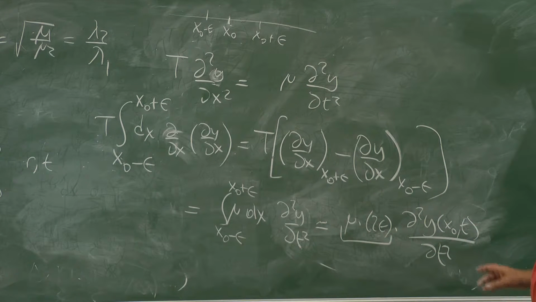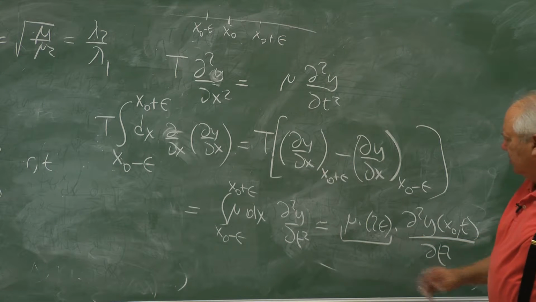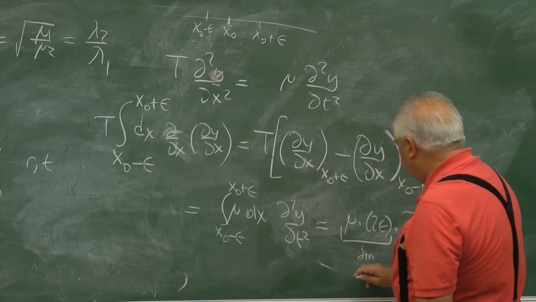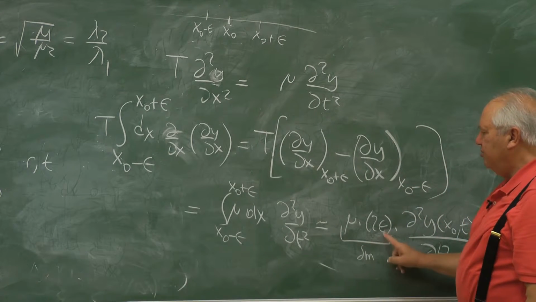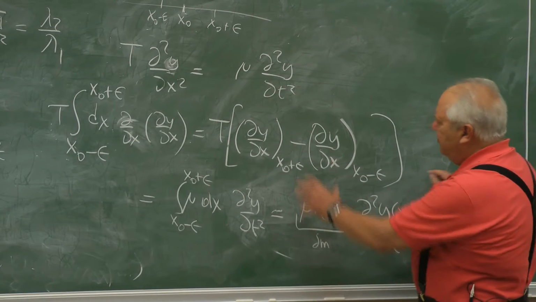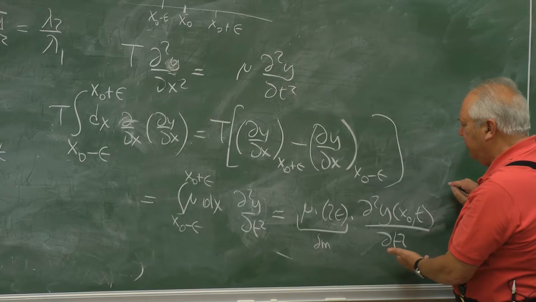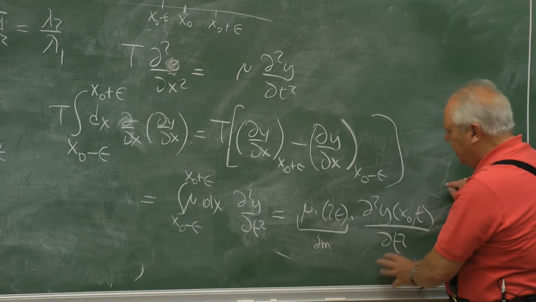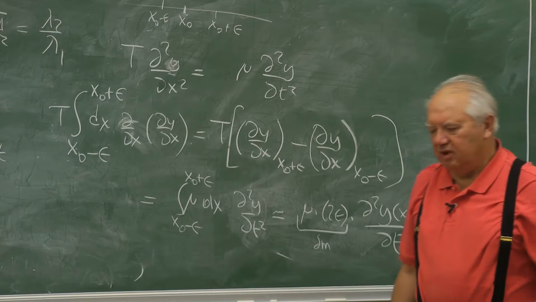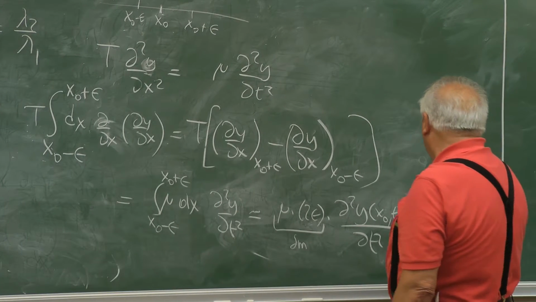However, if I let epsilon go to 0, this part, this is delta m, goes to 0 with epsilon going to 0. So if this difference is finite, the only way to make the right-hand side finite, as this thing goes to 0, is to make this infinite. But no system can go through an infinite acceleration. So this really goes to 0.